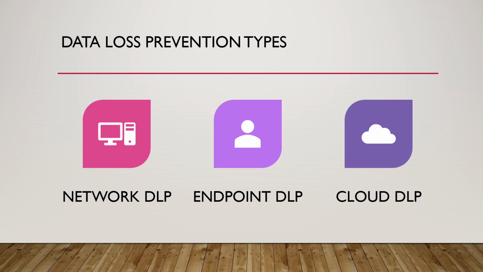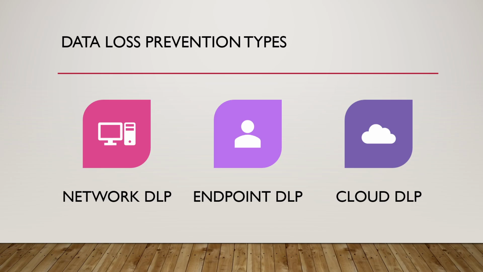We have a few different types of DLPs here. One of the types is going to be a network DLP. Network DLPs monitor the network for the data that's in transit. They're looking at emails, file transfers, network traffic, anything to help detect and prevent unauthorized sharing or transmission of sensitive data. We have endpoint DLPs, which are normally installed on user devices like laptops or mobile devices, and they help us monitor any of the data that's currently in use.